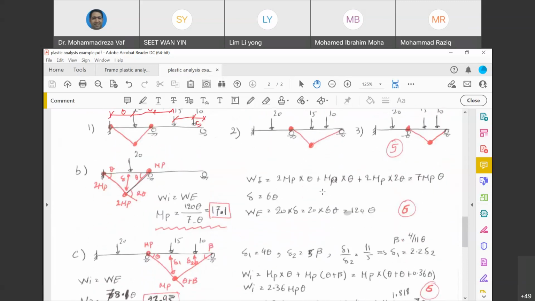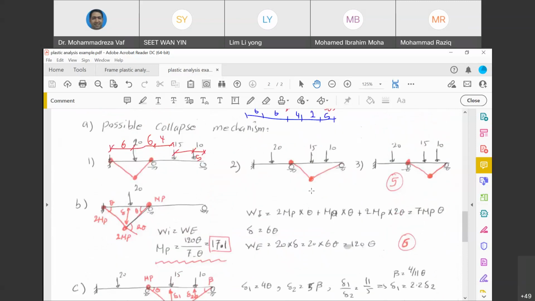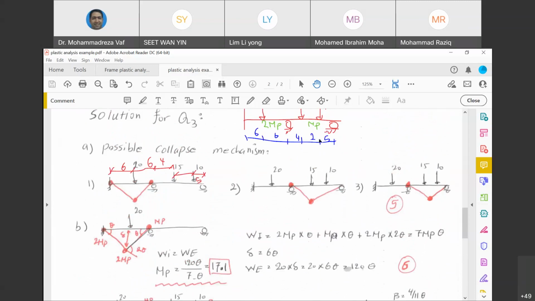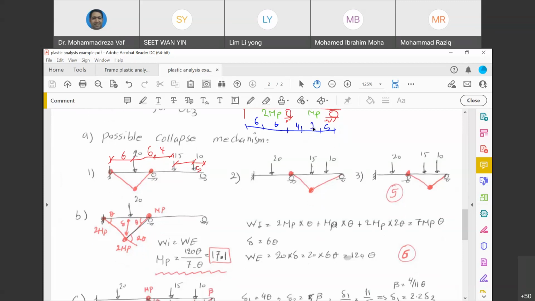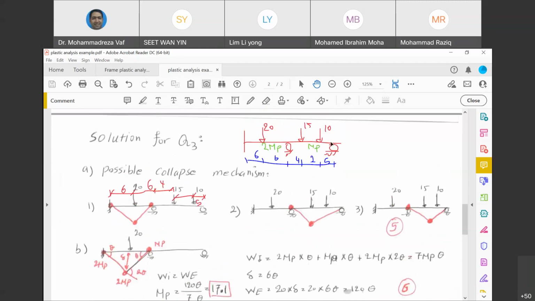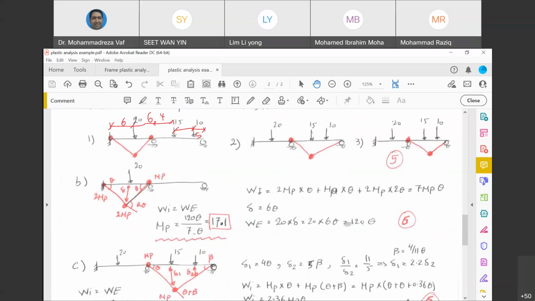Okay, so I think I found the mistake. This is going to be 6 meter, not 2 meter. If you assume this one is 6, then it's going to be okay. Thank you, doctor. Yes, this is 6 meter, because if it is 11, that means from this support until the point of 15 kilonewton should be 11.